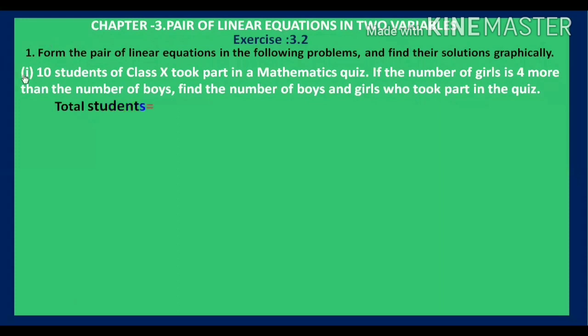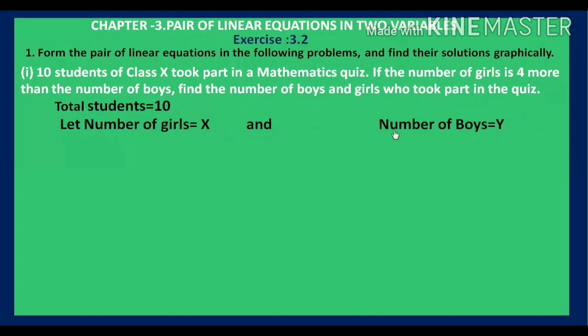So total students given here are 10, and they are boys and girls. So first we suppose that the number of girls equals x and the number of boys equals y. Now the first equation: total students is 10, so x plus y equals 10.